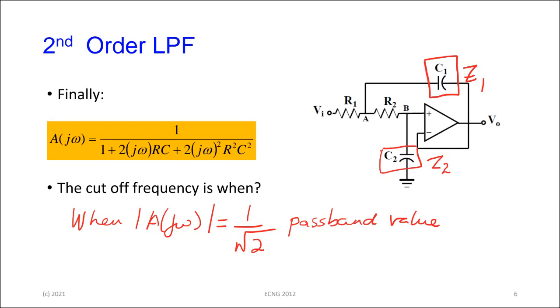When we define the cutoff frequency, it is the point at which the magnitude of the response drops to 0.707 times the value of the passband, or 1 over √2. So we need to find out what is magnitude A j omega, set that equal to 1 over √2, so that we can solve for the thing that we're trying to solve for. We want to find out what is the cutoff frequency. In other words, what is omega C?